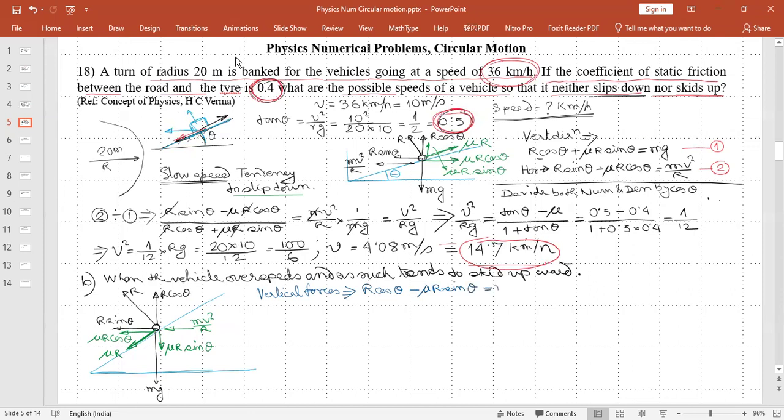This will be equal to the remaining downward force mg. Let us say this is equation 3.